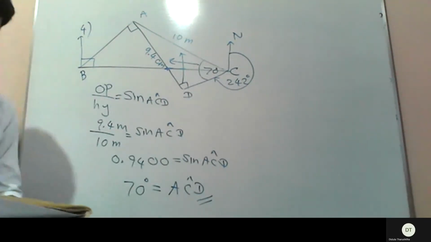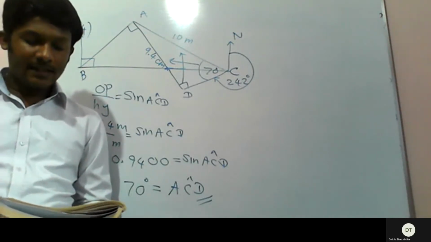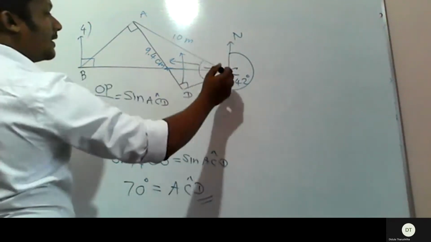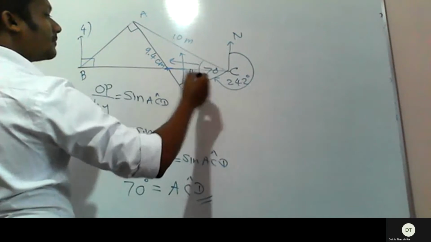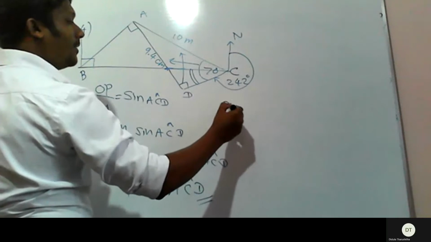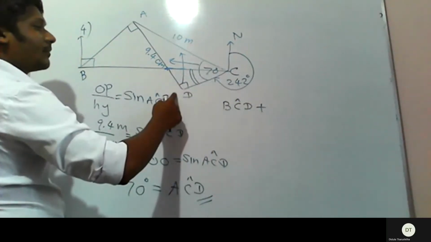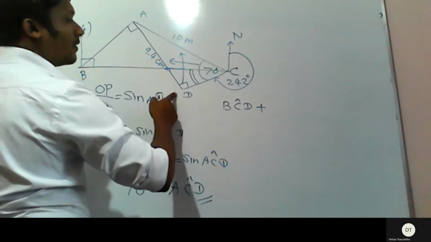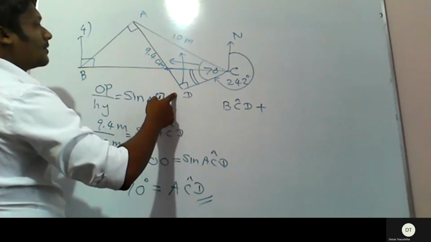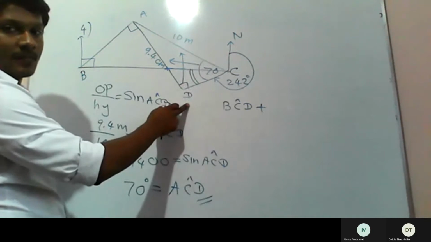Now find the magnitude of BCD. BCD, this angle. Okay, now we know BCD plus... BCD plus... Right?